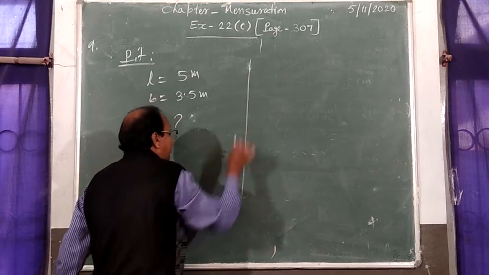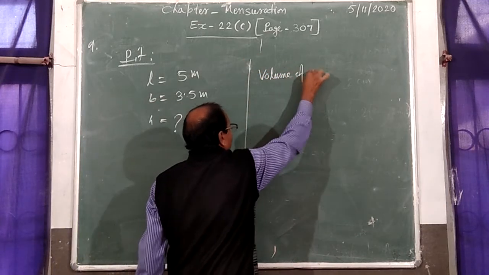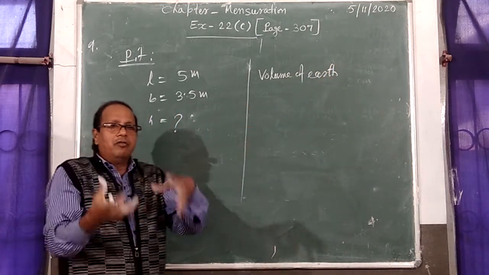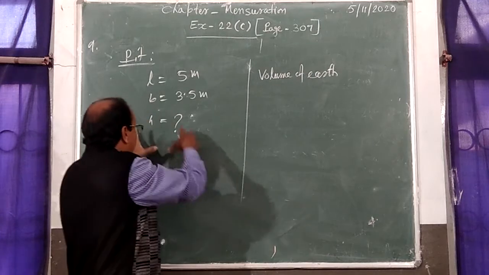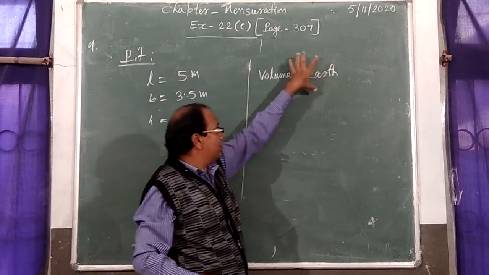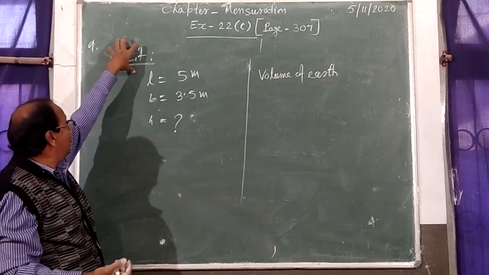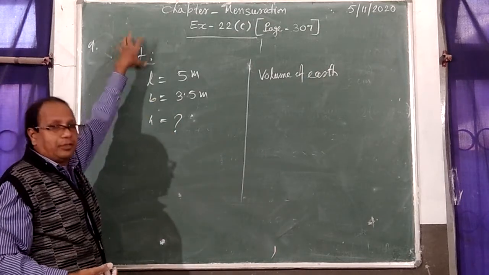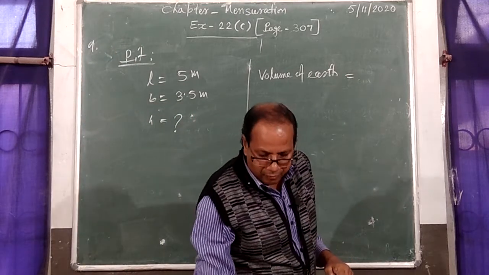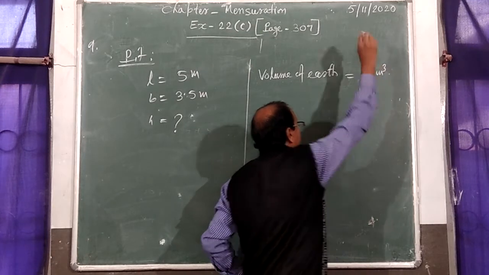Side by side you can write volume of earth. Here volume of earth means the volume of the soil which is taken out from this pit, the amount of soil taken out to dig the pit. So here the volume of earth is 14 meter cube.